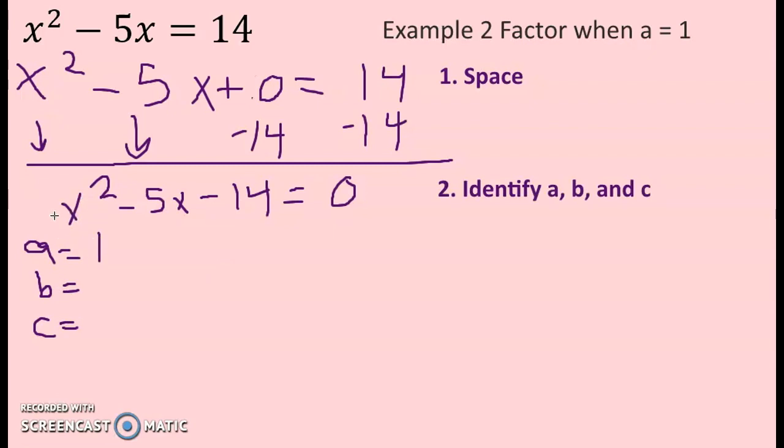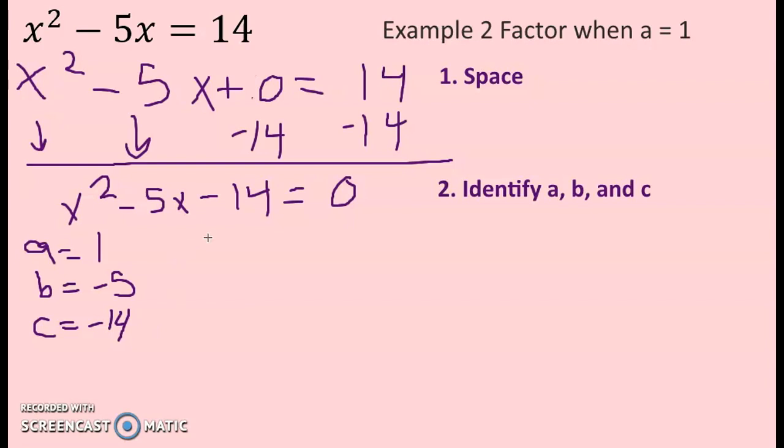If there's nothing in front of the variable, there's assumed to be one of them. B is -5, not -5x, just -5. And c is our constant, -14. So we need everything on one side of the equation with 0 on the other side so we can identify a, b, and c correctly, with the correct signs, positive or negative.